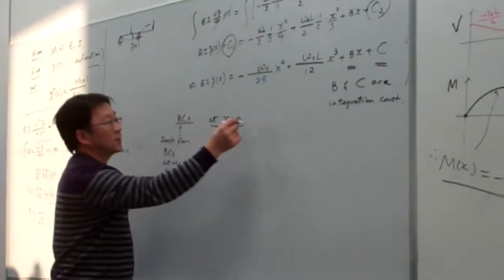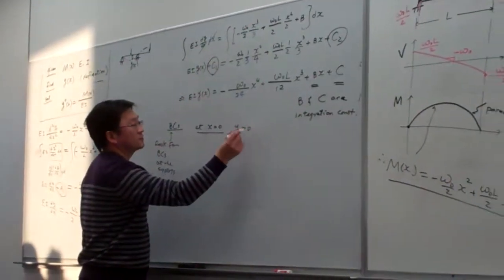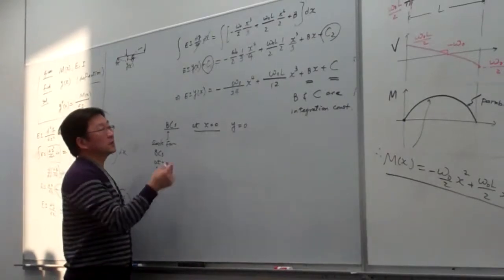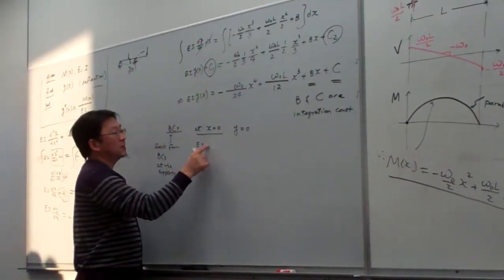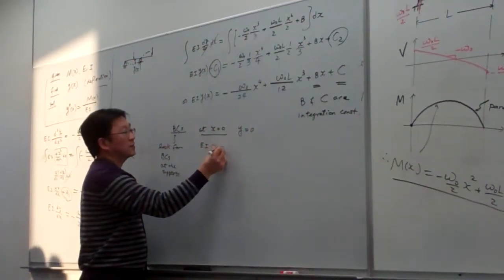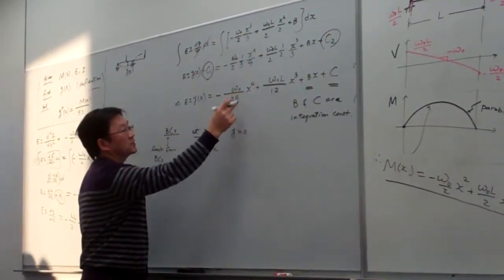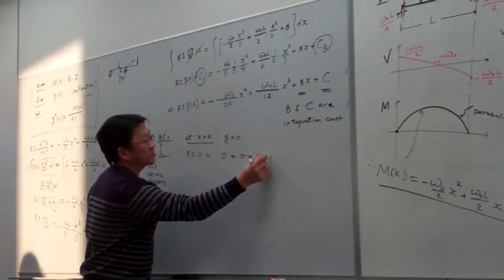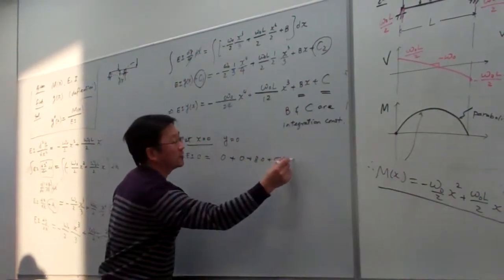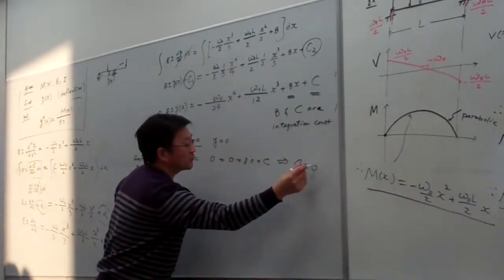At x equal to 0, there's no deflection. So therefore, from here EI times y at x equal to 0, we simply plug in x equal to 0: 0 plus 0 plus B times 0 plus C. So therefore the first boundary condition is C equal to 0.